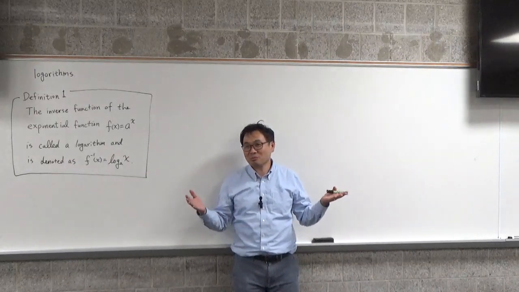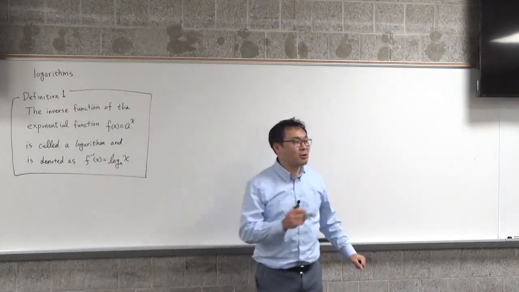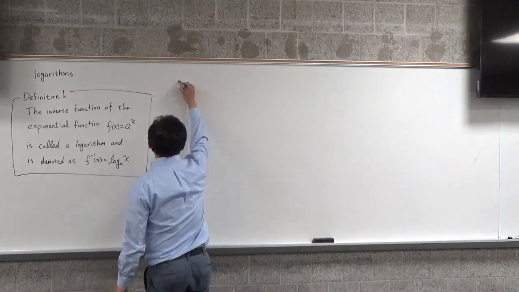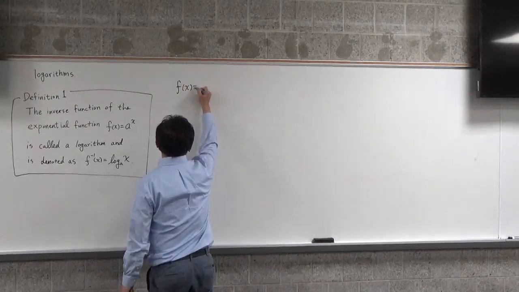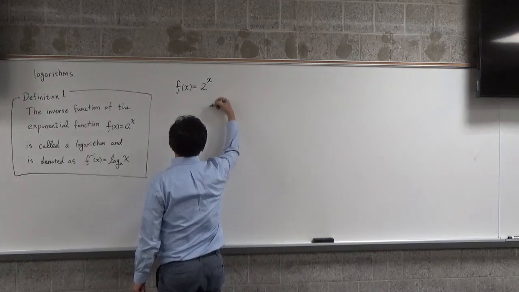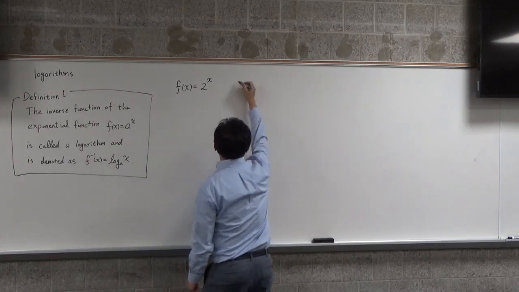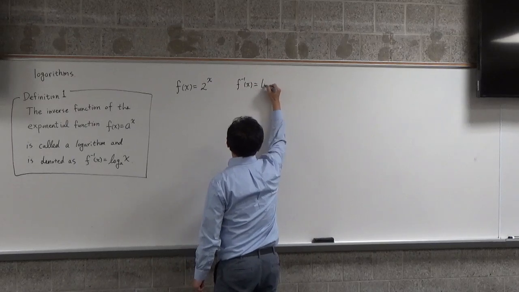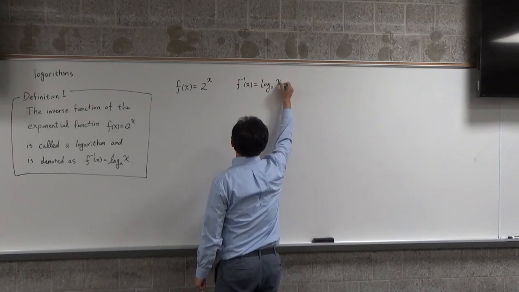Alright, good? Plenty easy, right? So now let's see what the consequence of that is. Let's think about f of x equals 2 to the x and the inverse function, which is denoted as log base 2 of x.